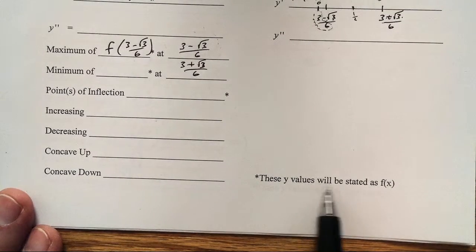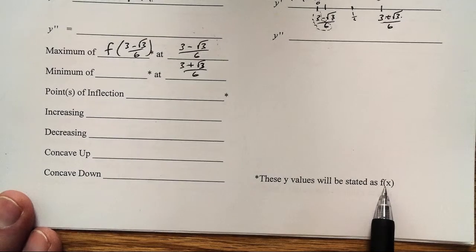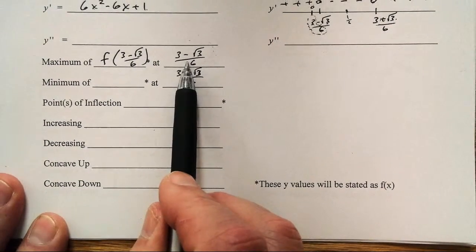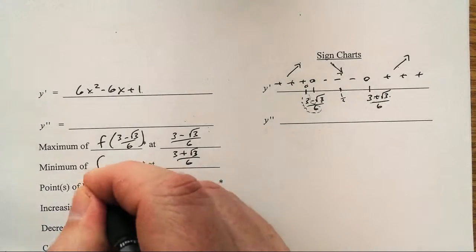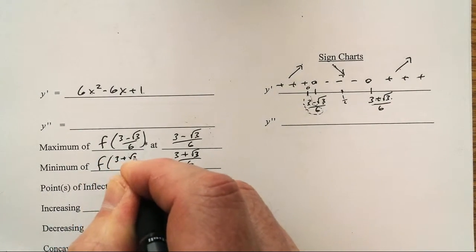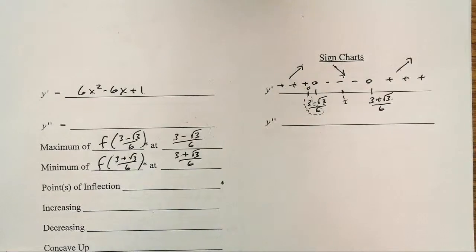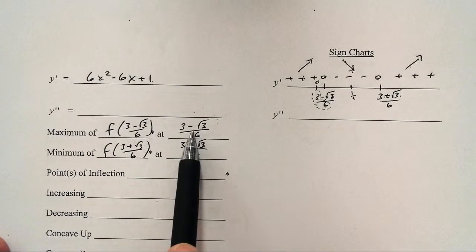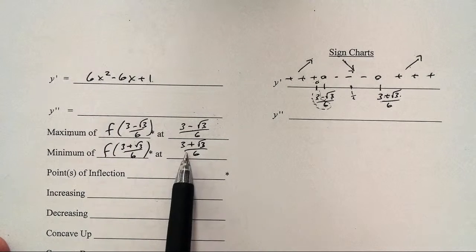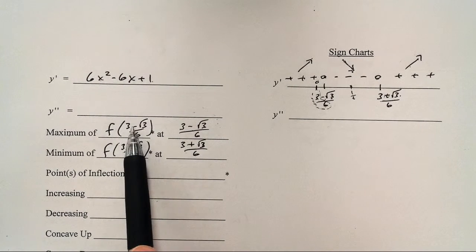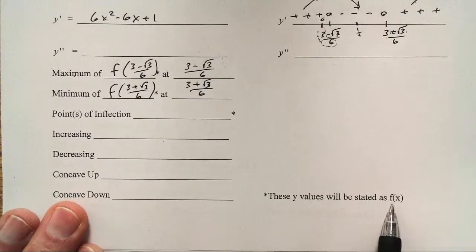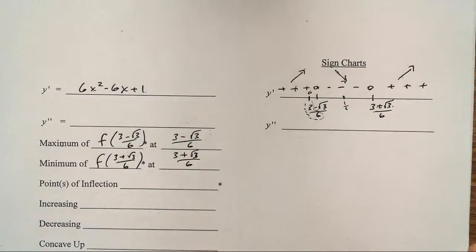In this case, I said these y values will be stated as f of x. So that's the y value that associates to that point. And this, of course, would be f of 3 plus square root of 3 over 6. It just depends how it's asked. I may just ask for the x location of the maximum, the x location of the minimum. I may say you can use your calculator and approximate these, or we can write it in f of x notation. Okay, what else do we know?